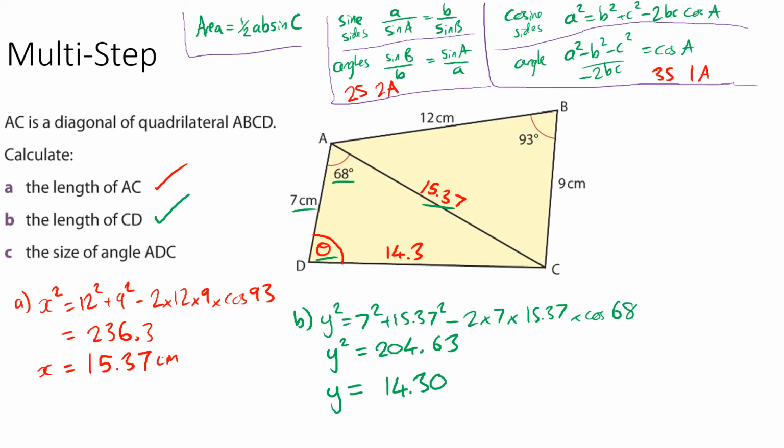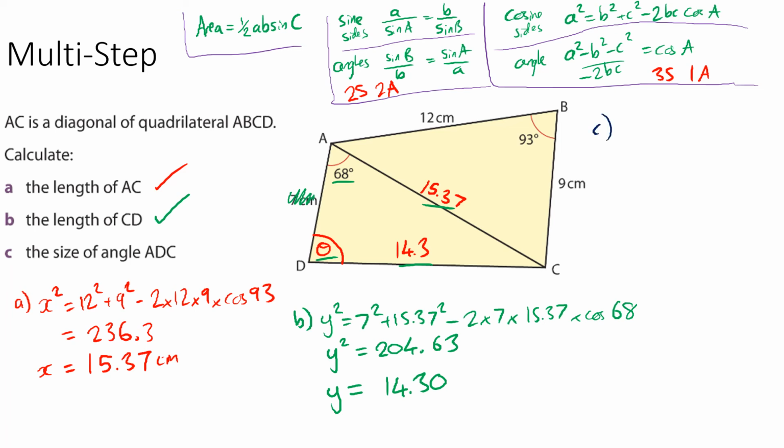Let's just pretend we're going to ignore this 14.3 for now. In fact, that's probably not the right one to choose because we want angles opposite sides, don't we? So we need the 68 and the 14.3. We want the 15.37 because it's opposite the angle. So it's the 7 that we're going to ignore for this third part.